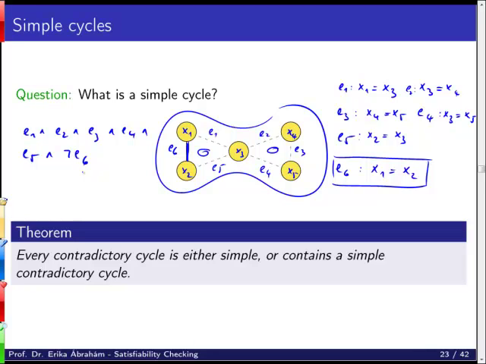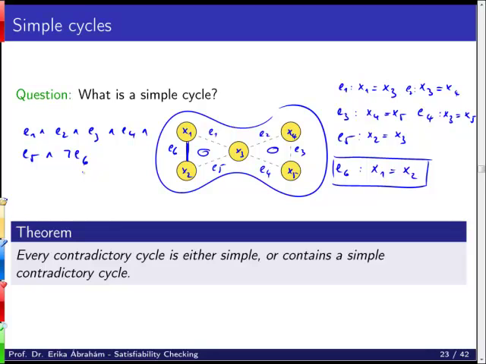And it is not satisfiable because these three are in a conflicting cycle. That means if E1 and E5 hold, then E6 must hold.